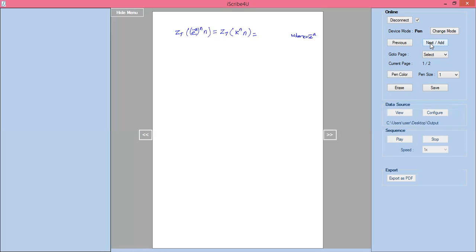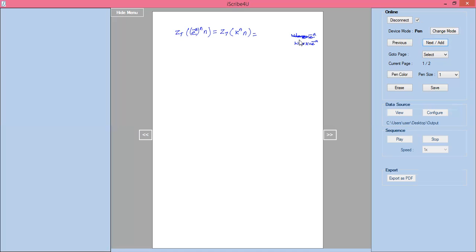The transform of e^(-an) into n I'm writing as k^n into n, where k = e^(-a). We take e^(-a), and the Z transform of k^n into n.